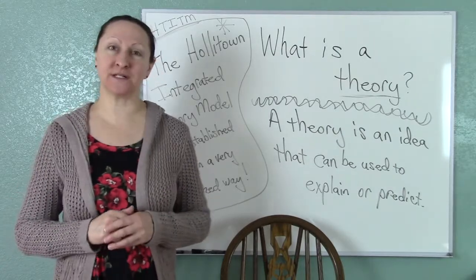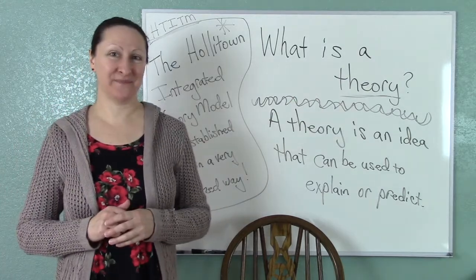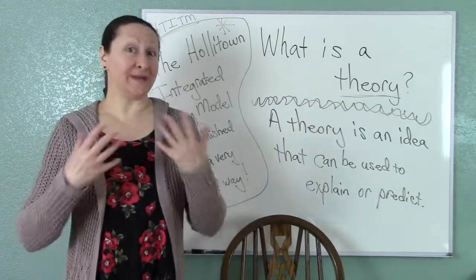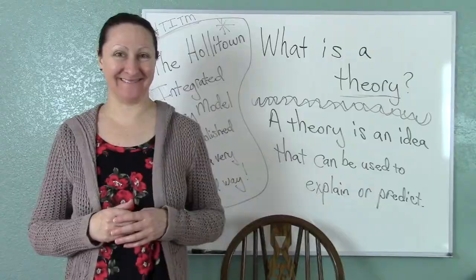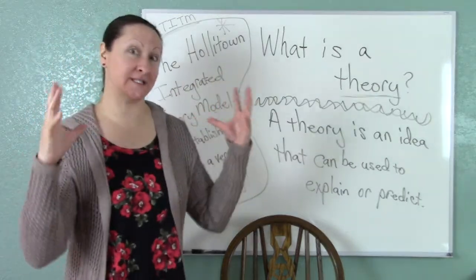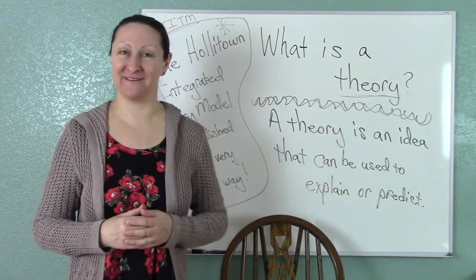And that is important to note because if you understand what theory is, theory allows for you to see a portion of something, but it doesn't always allow for you to see a big portion of something. The Hollitown Integrated Theory Model allows for you to see a lot more of that something in terms of learning and development.